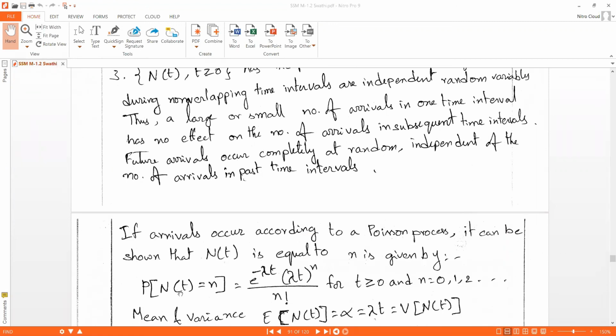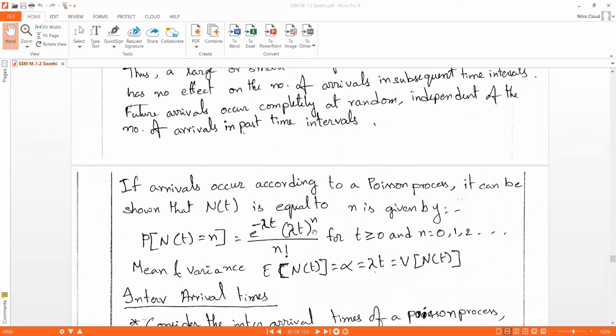And we'll see the Poisson process mean and variance. If the arrivals occur according to the Poisson process, it can be shown as P of N of t equal to n, that is e power minus lambda t into lambda t power n divided by n factorial for t greater than or equal to 0 and n equal to 0 to infinity, where the mean and variance: E of N of t is equal to alpha, that is equal to lambda t, that is equal to variance V of N of t.